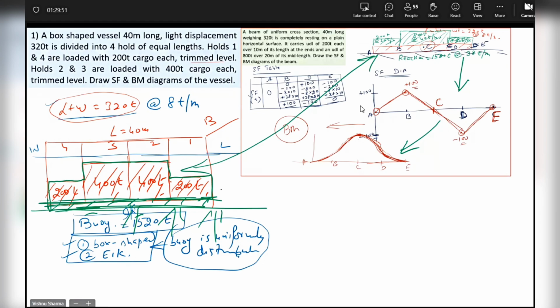So for this box-shaped vessel, this will be the SF diagram, and this will be the BM diagram. Yes or no? If, as far as the forces are concerned, the beam and the box-shaped vessel are identical, then their shearing force and bending moment diagrams will also be the same. Yes or no? Please confirm if you are in agreement.